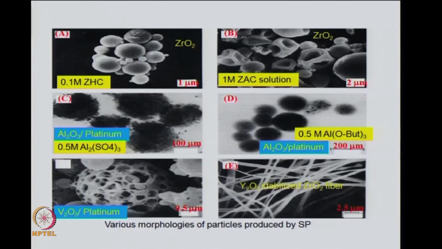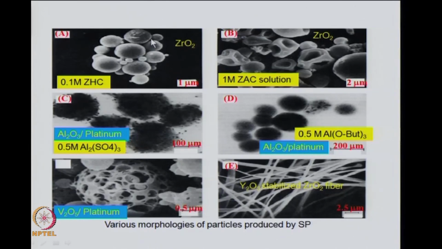Now, these are some examples of particles of oxides. These are zirconium oxide, both A and B are zirconium oxide, but you see here the concentration of the starting material has been changed. So, the concentration or the saturation is low here and very high there, and you can see the type of morphology is very different.